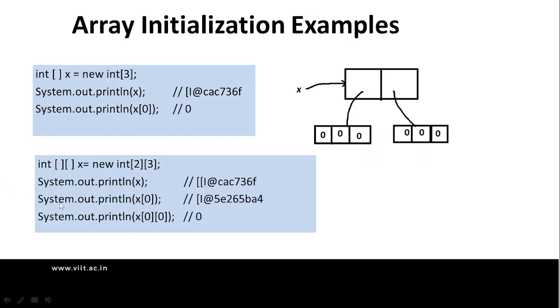In this case System.out.println(x) will again print the object value. Then System.out.println(x[0]) means x[0] is stored at some location, and that location value will get printed. The exact element value would be at x[0][0], which will be 0.